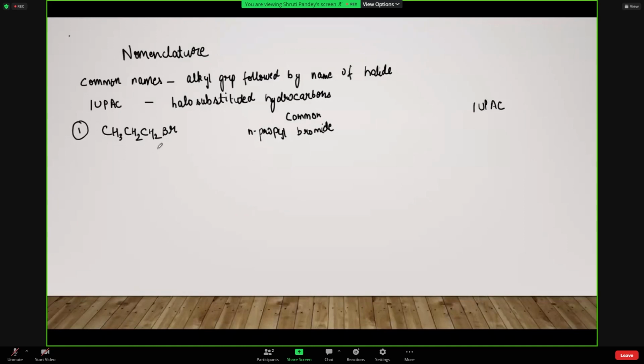So because it is not a kind of isomer, it is a simple chain, like a single chain. So it is N-propyl. So we will call it as N-propyl bromide. And talking about the IUPAC, IUPAC simply says that this is written as 1-bromopropane, simply.